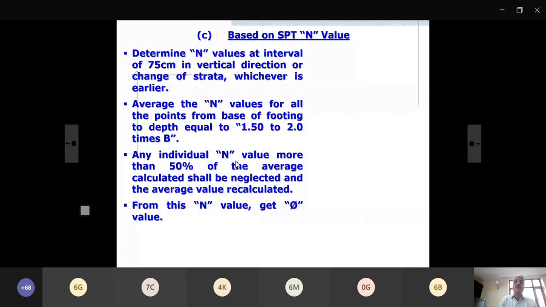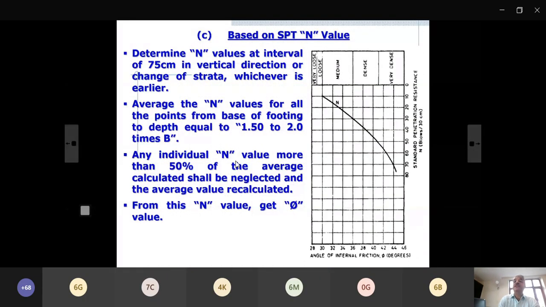And from this N value, you get the phi value. A chart is given in the IS code. This is your N value, here 80, 70, 60. So let us say your N value is coming 30. This is your phi value, 36.